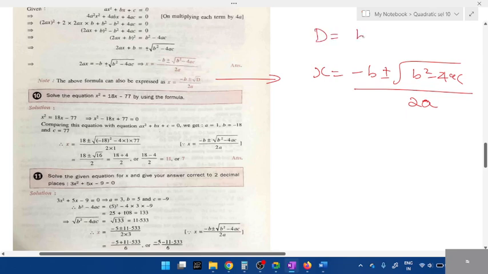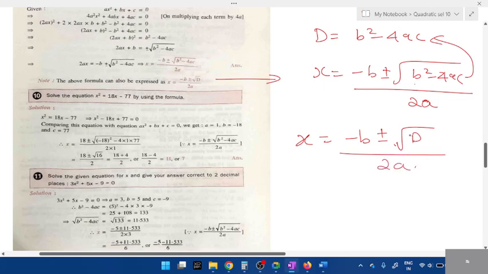D is equal to b square minus 4ac. So this formula you can even write as minus b plus minus square root of D divided by 2a. But for this exercise, it is not required. It is for the next exercise. Just remember this. In place of b square minus 4ac, you can write D and solve.